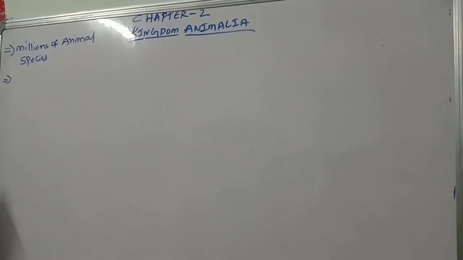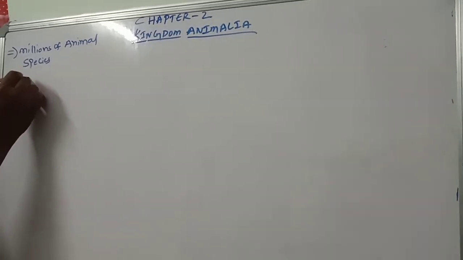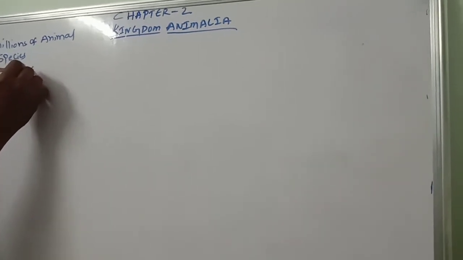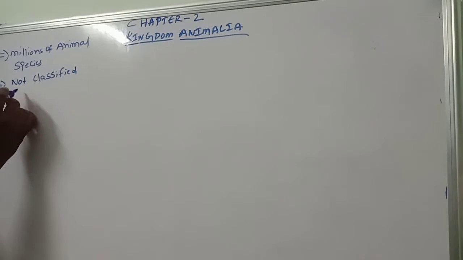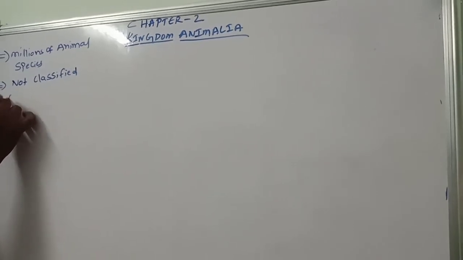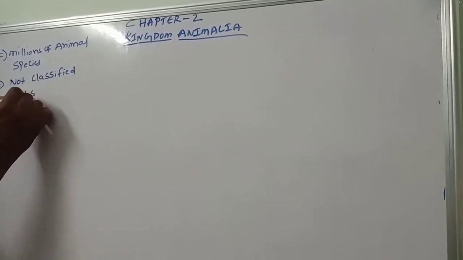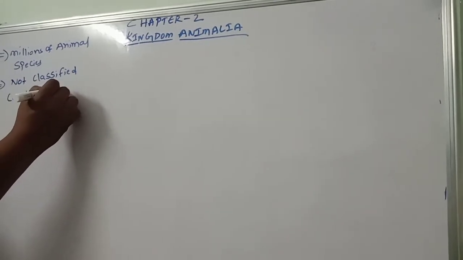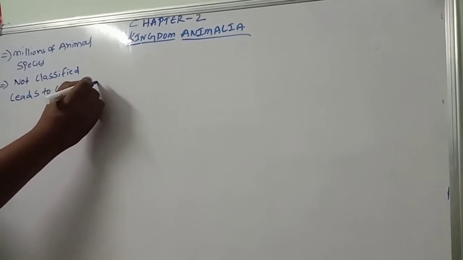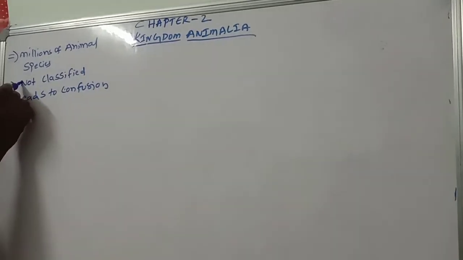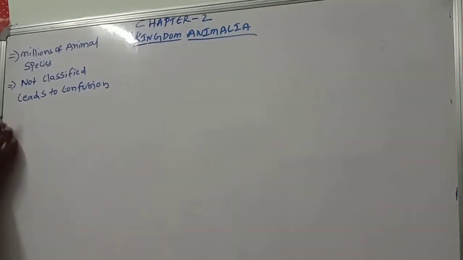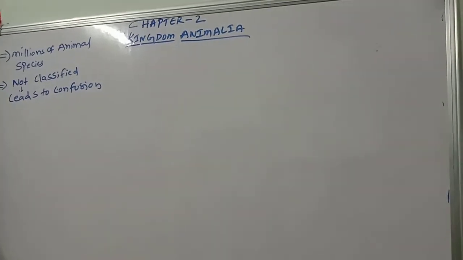It leads to confusion in study. Please remember the point: millions of animal species are there, and we have to classify them. If not classified properly, it leads to confusion.